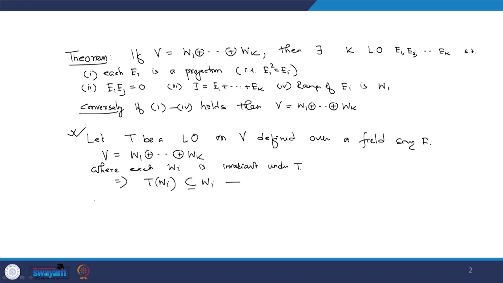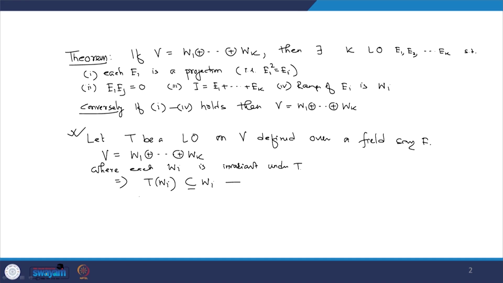So, we have already seen in our last lecture that one can introduce operators like T1, T2, Tk as restrictions of T on W1, W2, Wk.